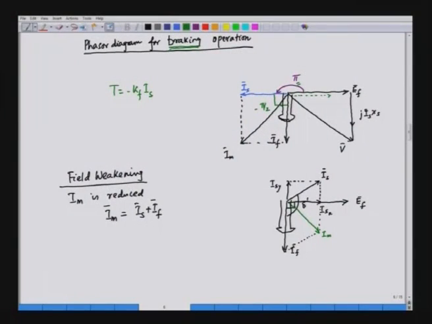So if we make this angle, delta prime, quite large, Is has two components, Isx and Isy. Isx is along Ef, that is, along the q axis, and this axis is the d axis.